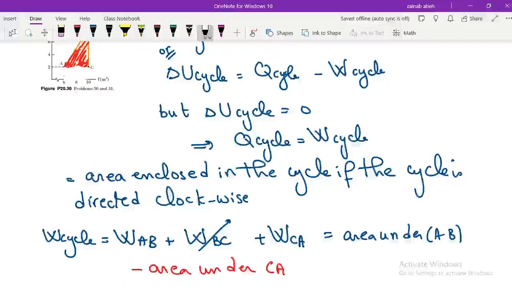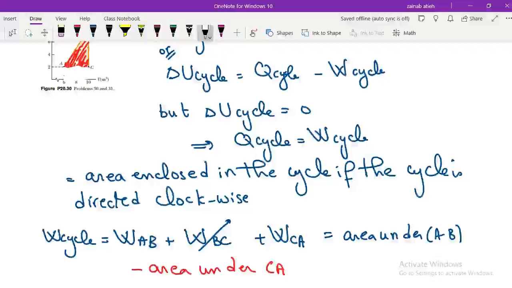You can see that the area under AB is greater than the area under CA because the cycle is rotating clockwise. If the cycle were rotating anti-clockwise, I would have minus area AB plus area CA, and the work of the cycle would come out negative.